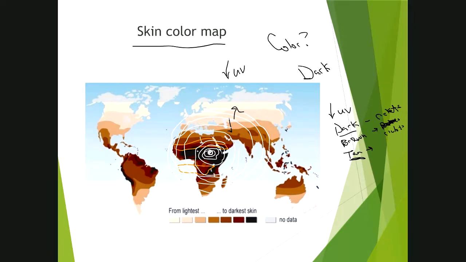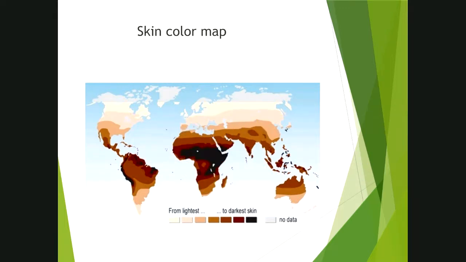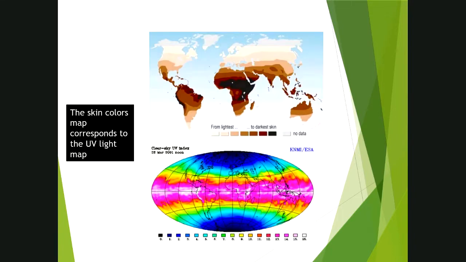And so people went from being tan to cream colored, and then from cream colored to white as they moved. Now it took hundreds of years for this to happen, but that's exactly what happened. And so we take this skin color map and we compare it to the UV light map. Look, they're exactly the same.